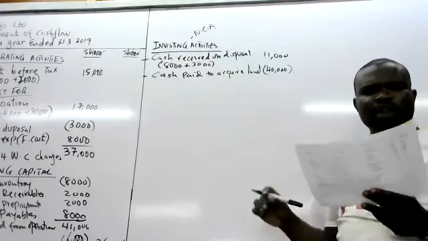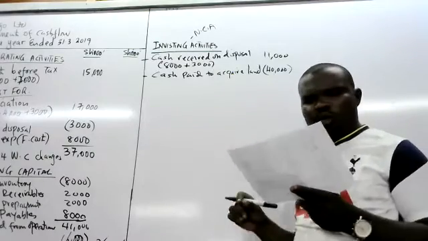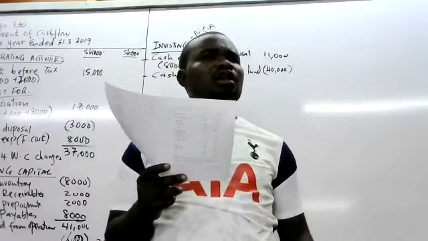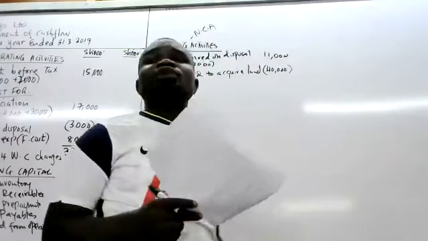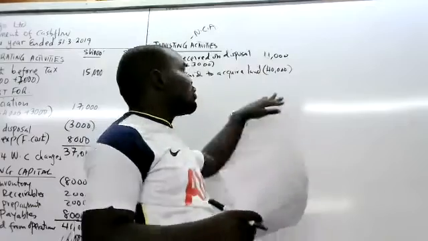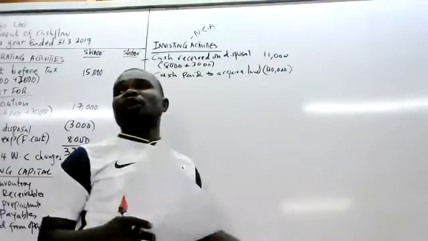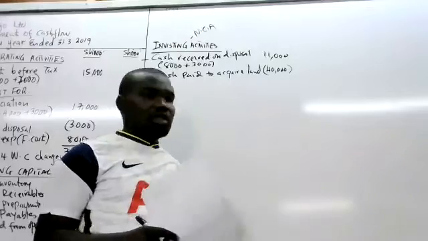Then, when we reconcile the account, we reconcile and we get something. Motor vehicle, there was an acquisition. We did a small working here for motor vehicle. Our balancing figure for motor vehicle. Did we get an acquisition? Yes.